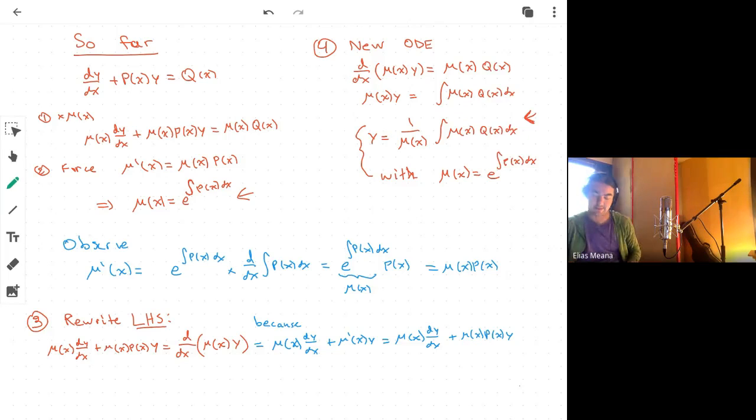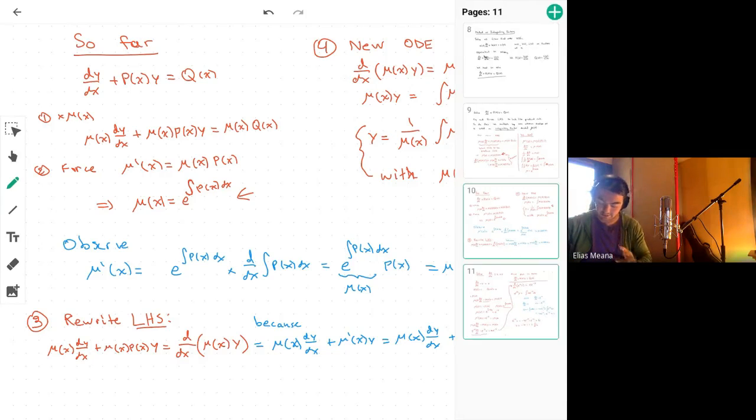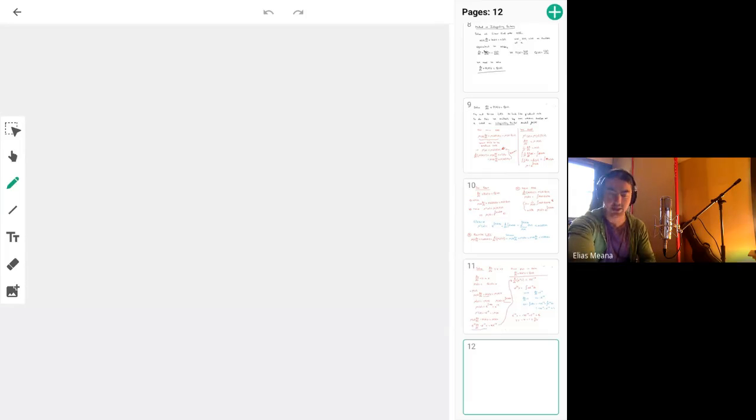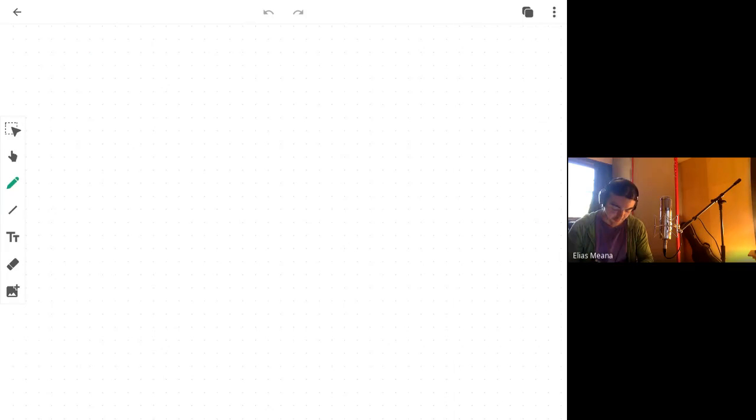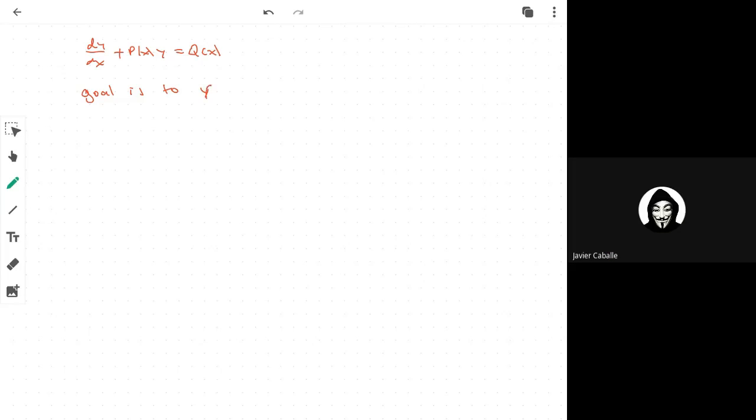Okay. Let me see if I can write this out in some words. The point, right? Whenever we've got differential equations like dy dx plus p of x y equals q of x, our goal is to find y. I thought the whole p of x function included the y.